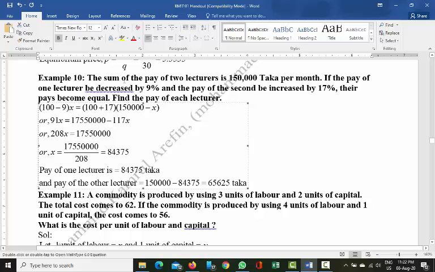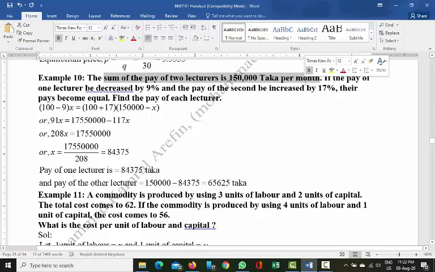So let's read out the question again. The sum of the pay of two lecturers is 150,000 taka per month. So suppose the payment of one lecturer is x. That means if we add both of their salaries, it is 150,000 taka per month.